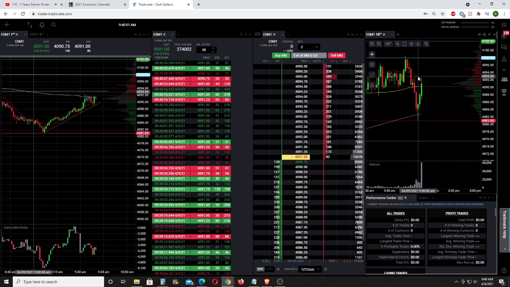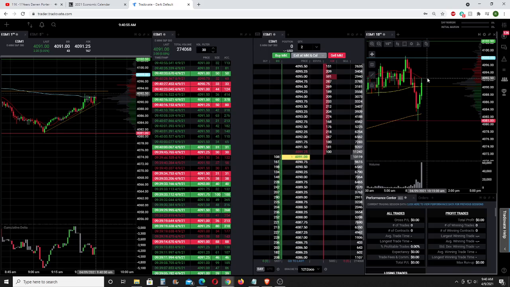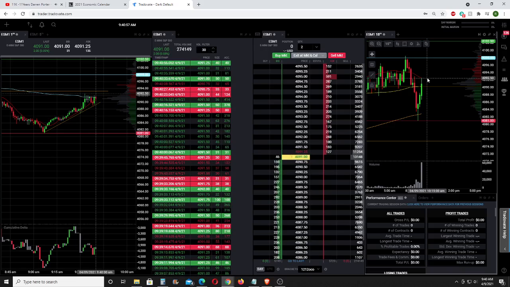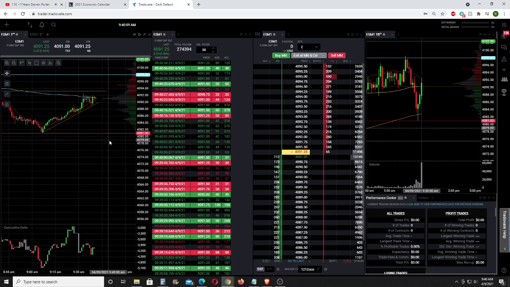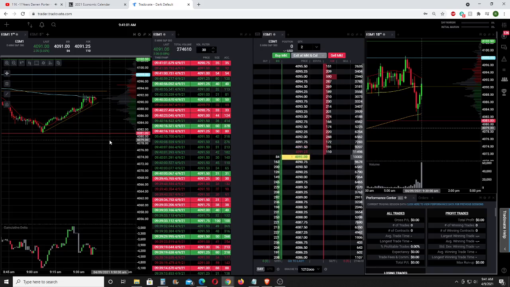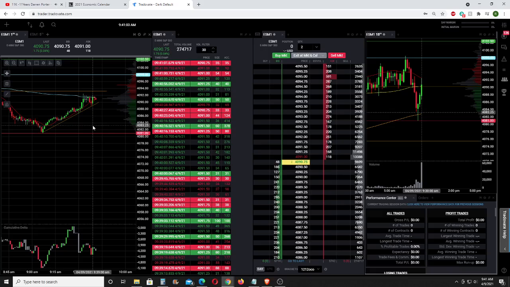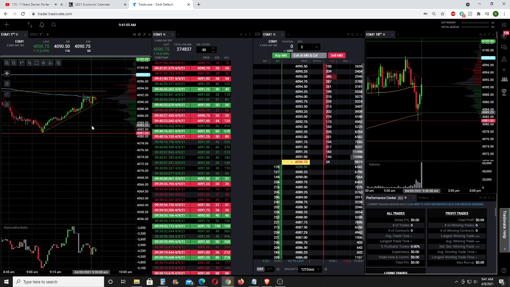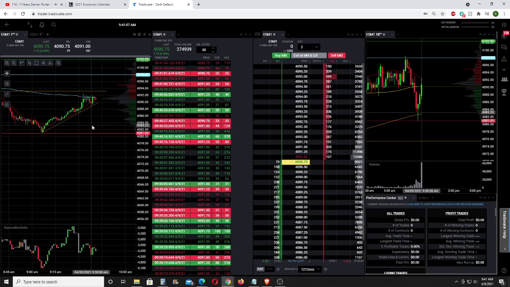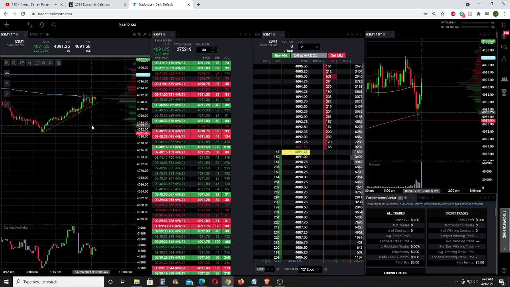This 50 period moving average on the 15-minute chart is definitely acting as resistance right now. Well, another good 4 minutes here. A lot of indecision so far.